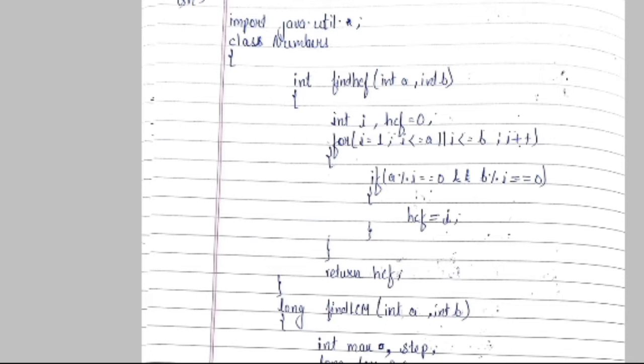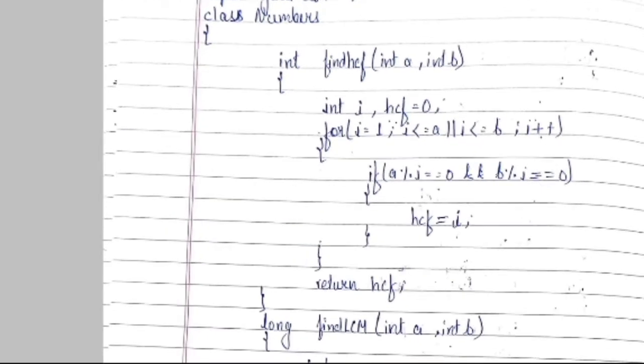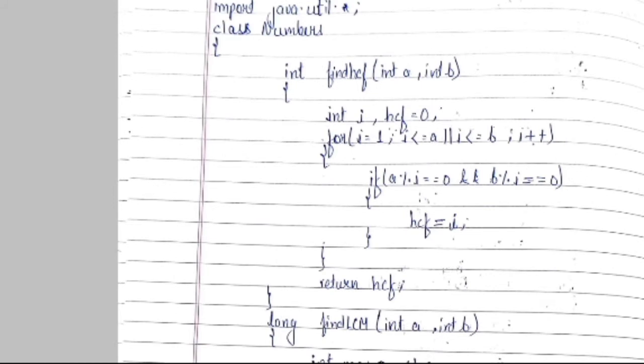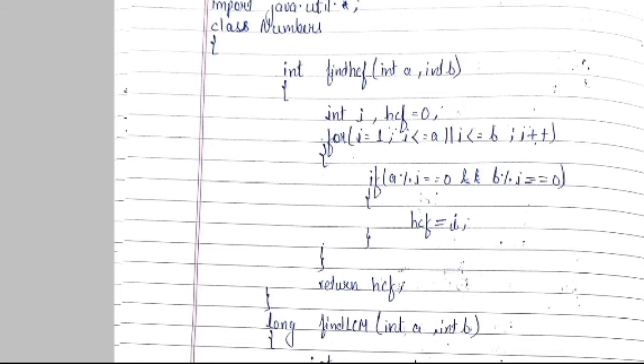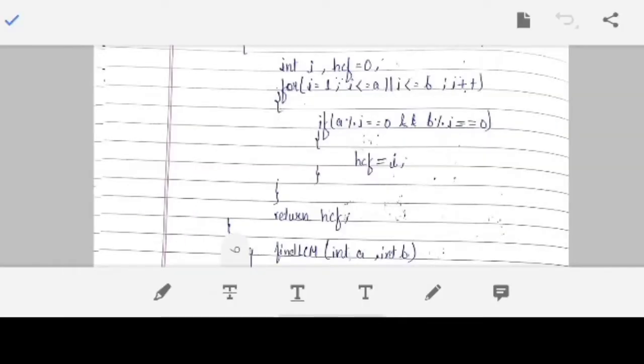If you want me to make another video on the program of HCF of two numbers, please write it in the comment section. Now I will explain it shortly. Here I have initialized one variable i with 1, and in the for loop it will start from 1 to the largest of the two numbers, and inside the for loop I have taken an if statement.